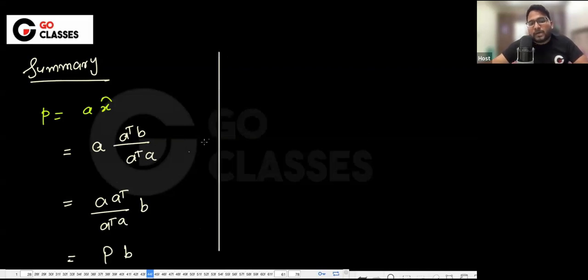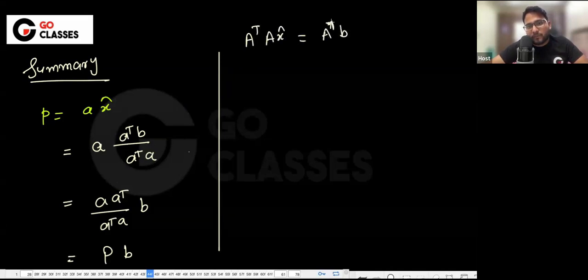For multiple dimensions, the x cap that we are interested in will be found using this equation.